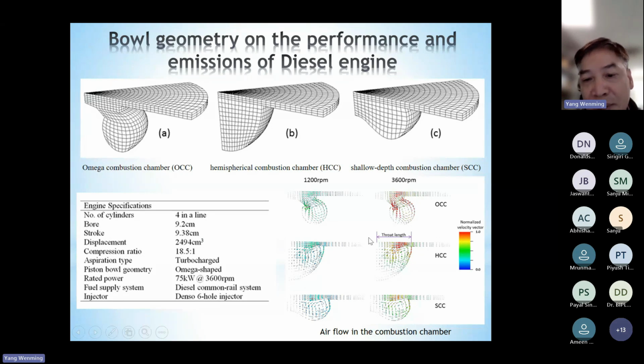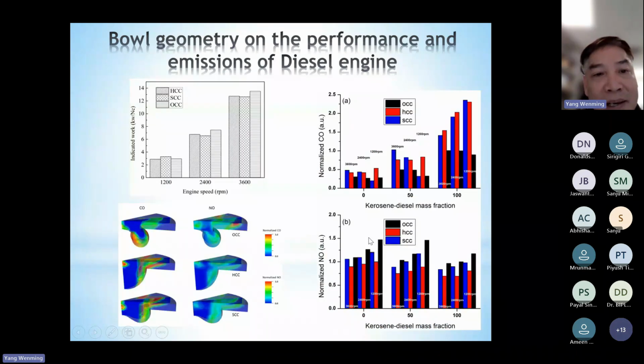Interestingly, if we compare the HCC and SCC at lower engine speed conditions, you can see SCC even produces more power compared to HCC and Omega. Why? Why at lower engine speed conditions does SCC produce more power?